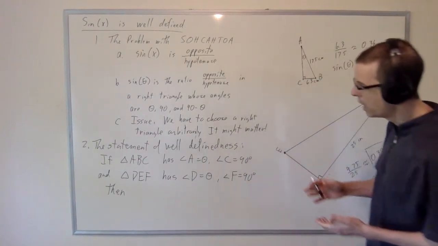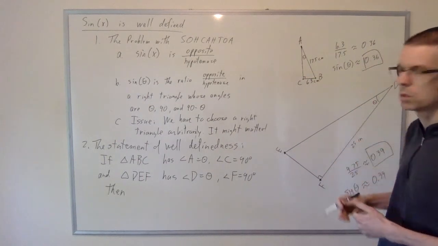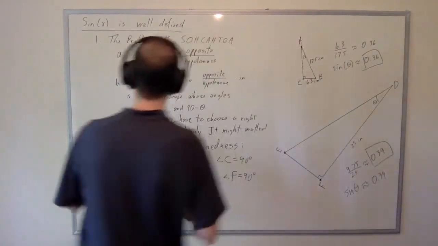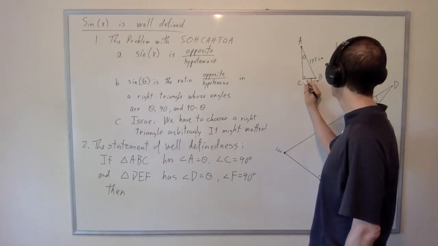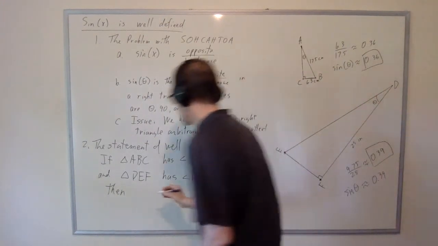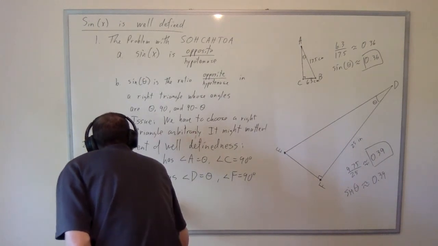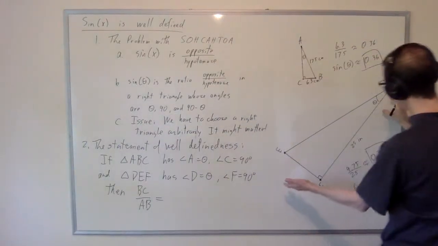well, I'd like to say sine A equals sine D, but instead of saying that, I want to spell out what we have tried to define sine A to be. So then we've tried to define sine A to be BC over AB. So then BC over AB equals, now how have we tried to define sine theta here?